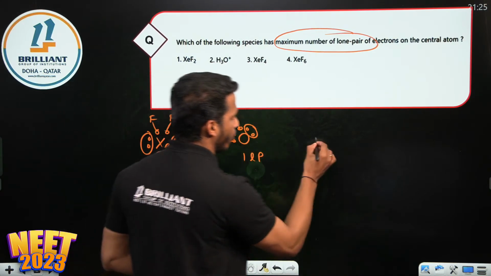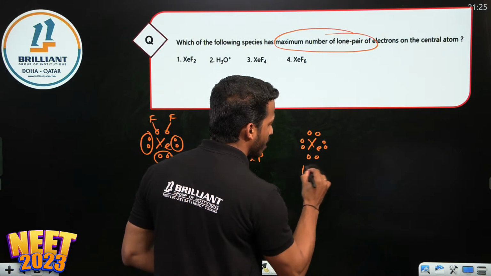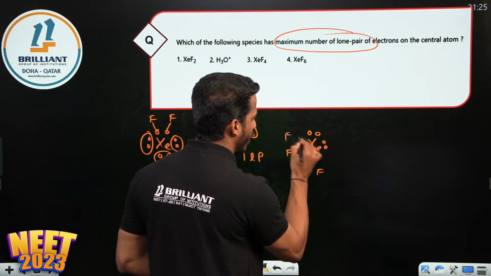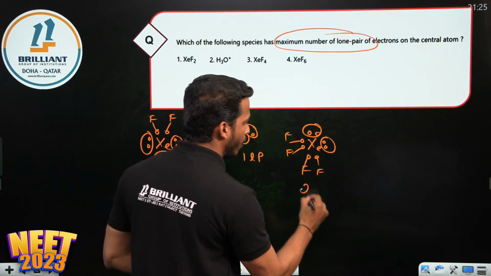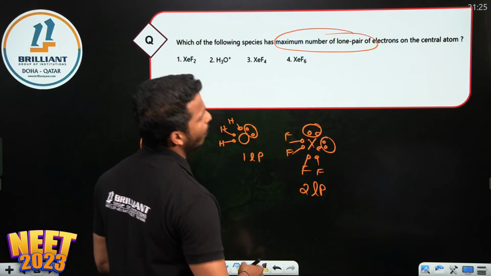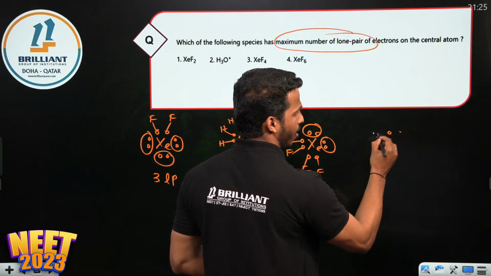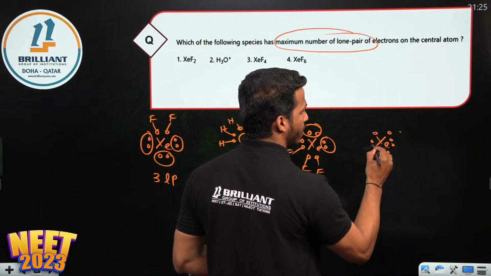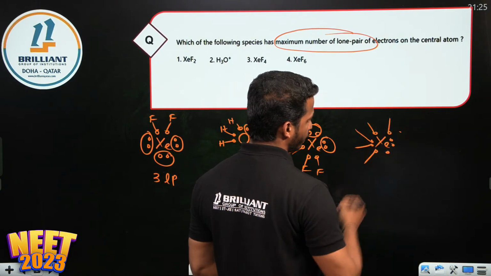And what about XeF4? Xenon again is a noble gas. Its valence electron is 8, surrounded by 4 fluorine atoms. Each of them requires 1 electron. So in total there are only 2 lone pairs. What about the last one, dear all? XeF6. Of course, it's having much fewer lone pairs, right? XeF6 means, dear all, 1, 2, 3, 4, 5, 6.